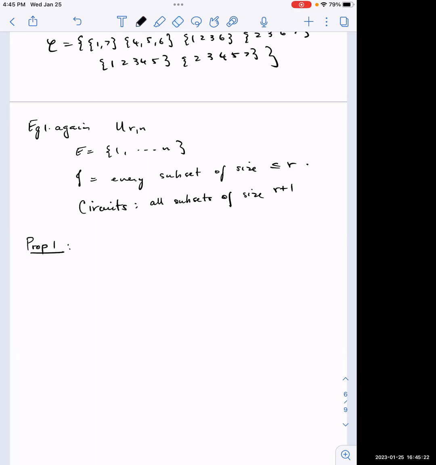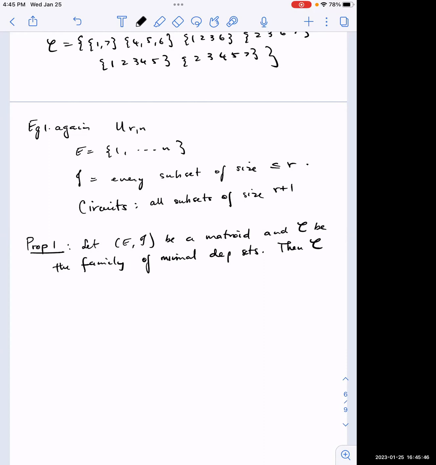So here's our first proposition. Let E, I be a matroid, and C be the family of minimal dependent sets.